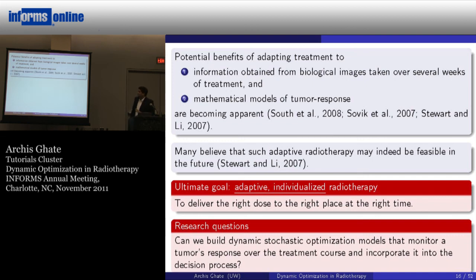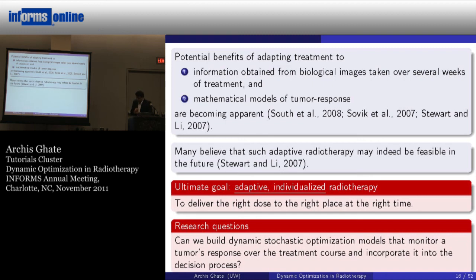And there is clinical work in this area, so people are doing this clinically a little bit. Here are some papers with clinical examples of how people have taken these images and tried to use information in them to come up with treatment plans that can change over time, so somewhat adaptive.